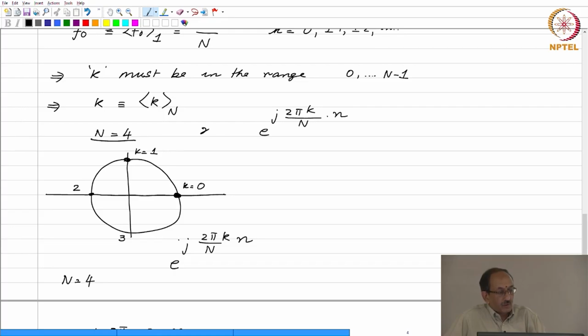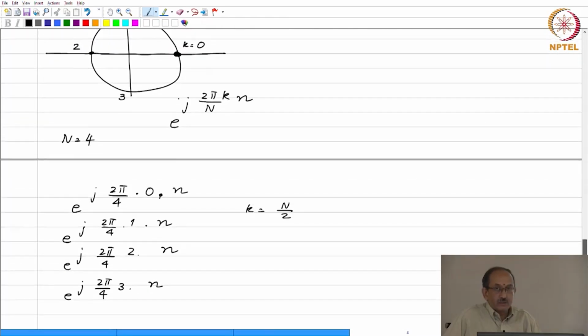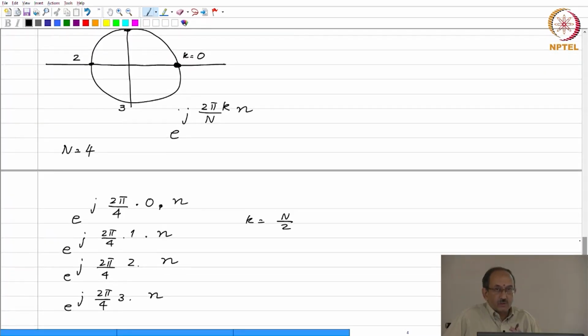Let me call this x k of n, and k itself will take on the value 0, 1, 2 up to N minus 1. Here I am considering the case as a specific example when capital N is 4, all right. So, I get these 4 distinct exponentials. Whatever distinct means, we will make it more precise.